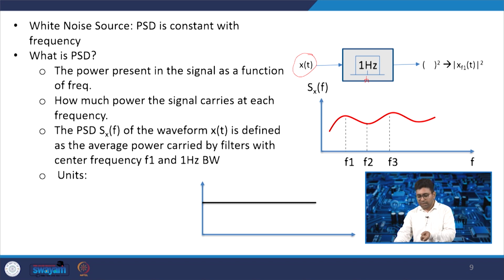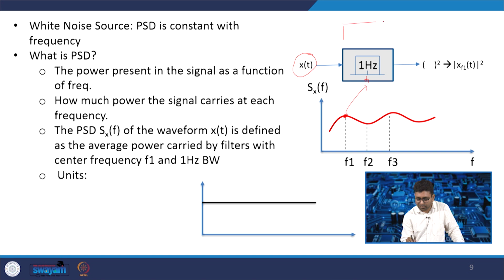Again I square the output value, and x_f1(t) squared will give us the power spectral density. I plot that value here, at the f1 frequency.